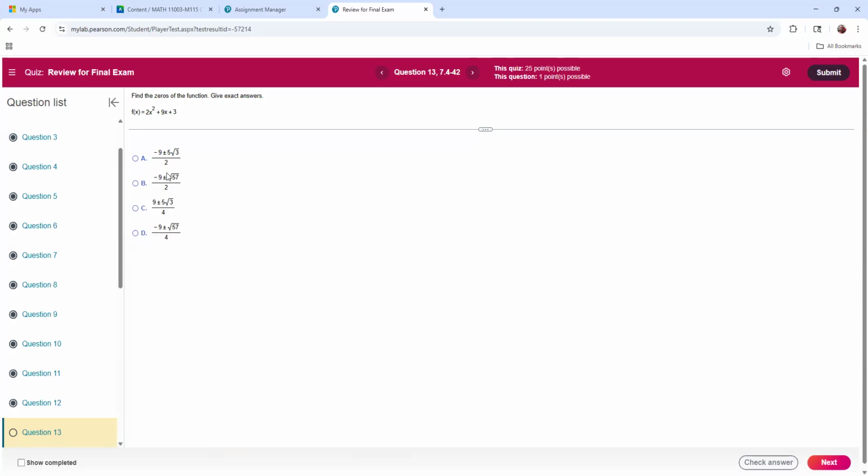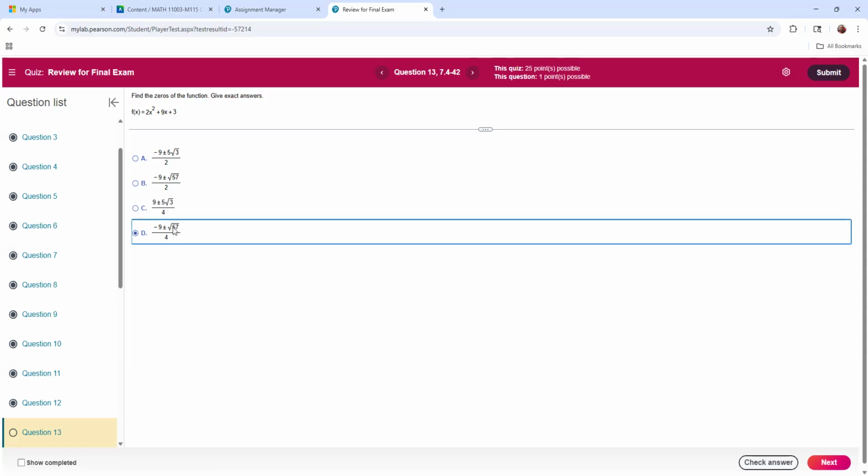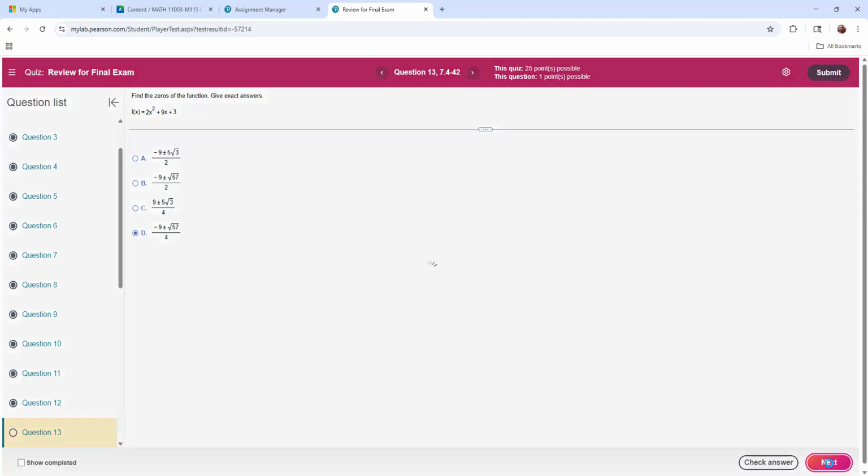Whoa, y'all be careful because B and D are close except for that bottom. I need D, -9 plus or minus square root of 57 over 4. So, woo, they got some close answers, but we got to pick the one that's right, okay? So that was D on that one.